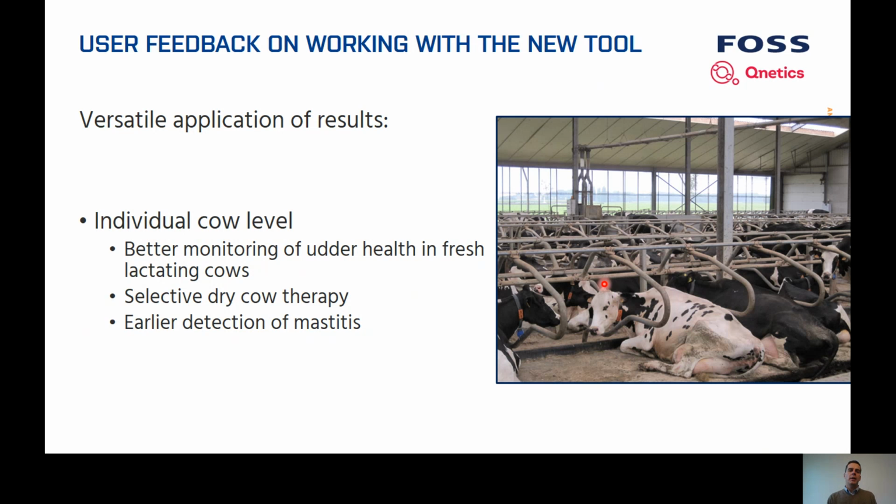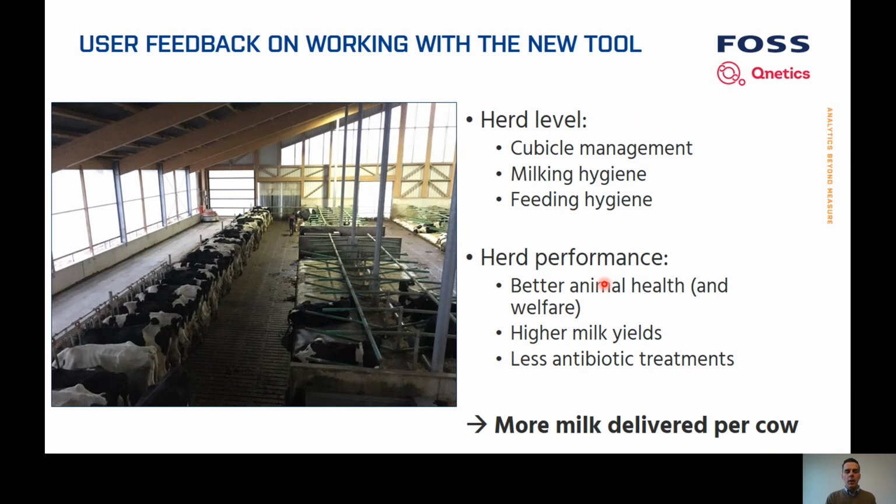On individual cow level, the results were mostly used to do a better monitoring of udder health in fresh lactating cows, to do selective dry cow therapy, and in general to catch mastitis at an earlier stage and act differently with these cows, give them extra attention and avoid that these cows go in the high SCC area. On herd level, the results were used to optimize cubicle management and the milking hygiene.